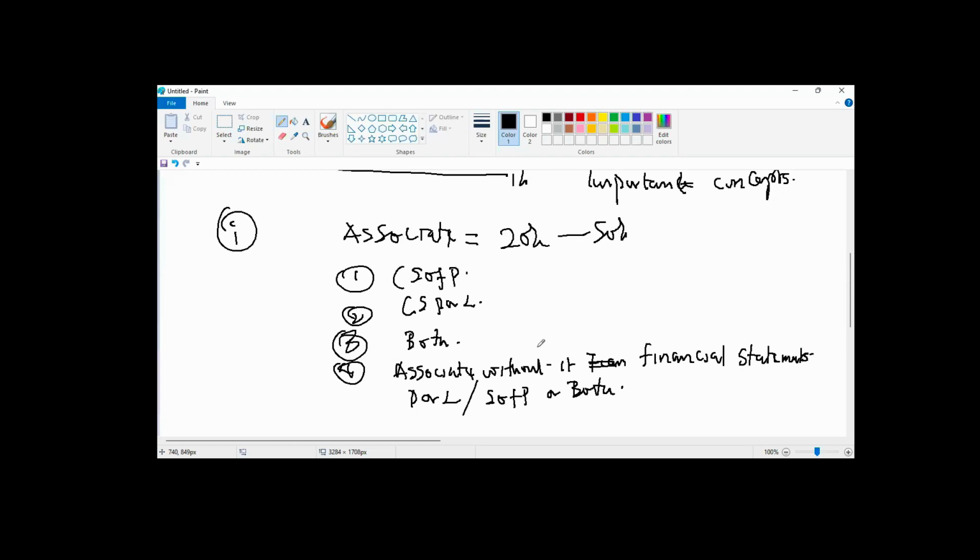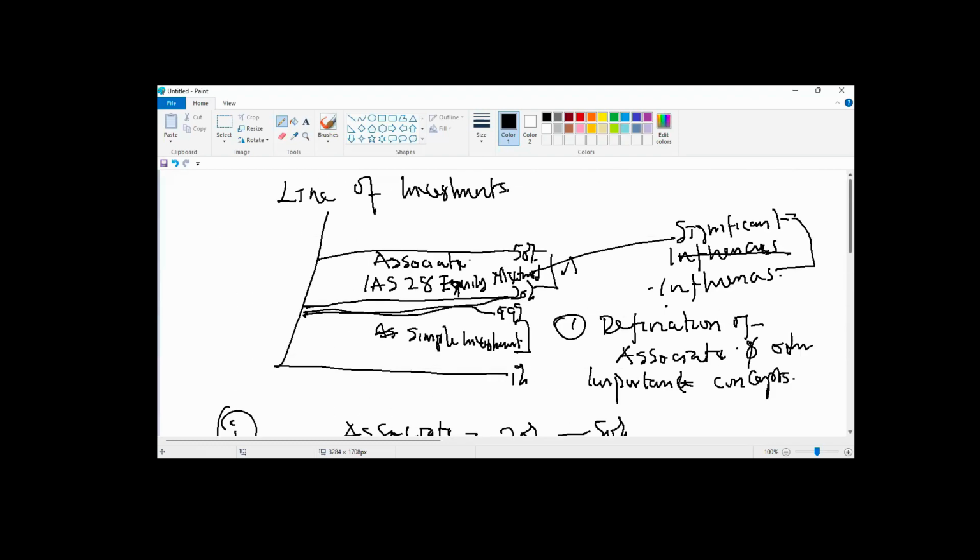Now, what are those things connected to associates for debit and credit?